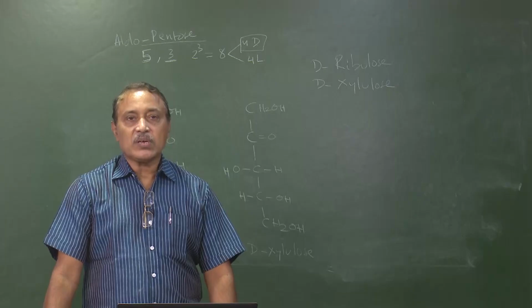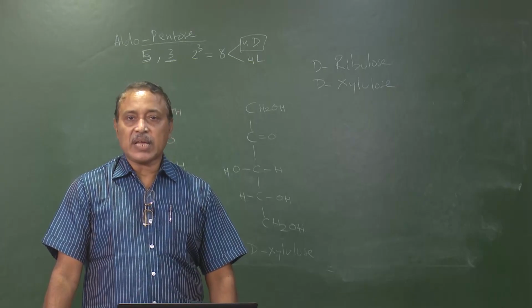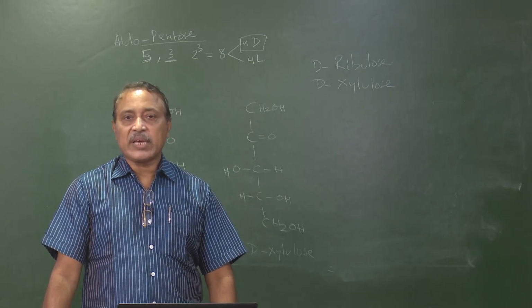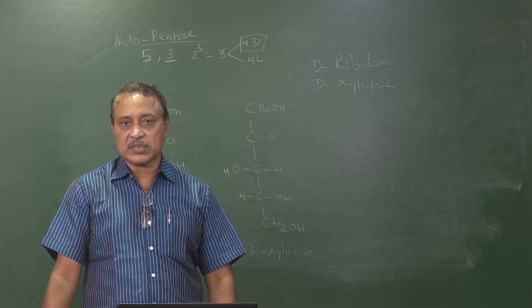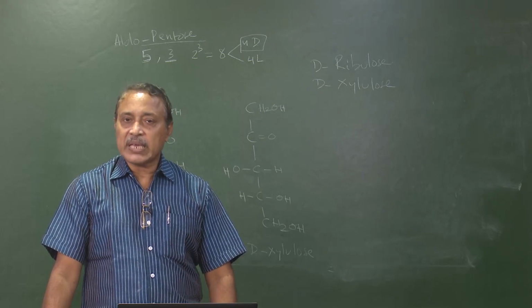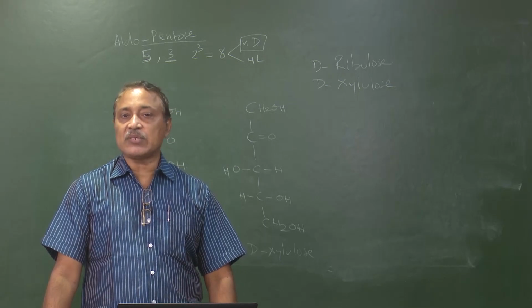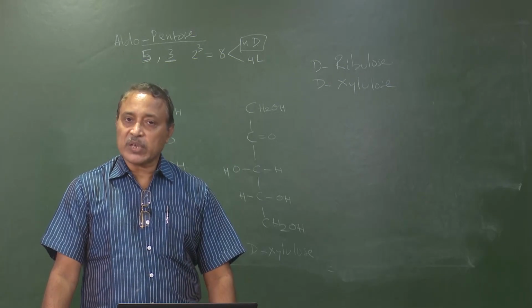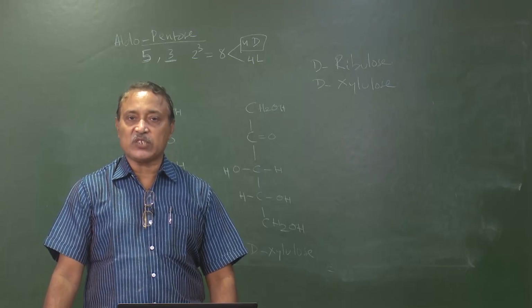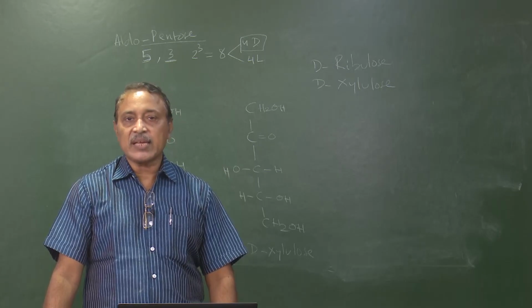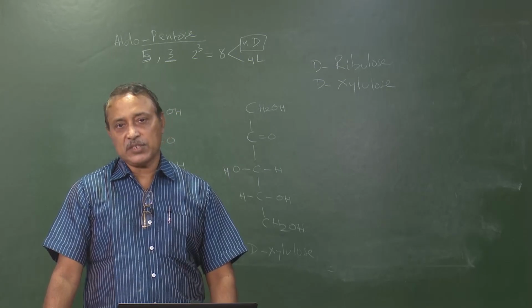Next is your hexoses. In the coming class, I will begin with hexoses and their isomers. With these pentoses, we will have another interesting kind of isomerism. With hexoses also, we will find the same kind of isomerism, and I will discuss both in the coming class. For today, this much. Thank you.